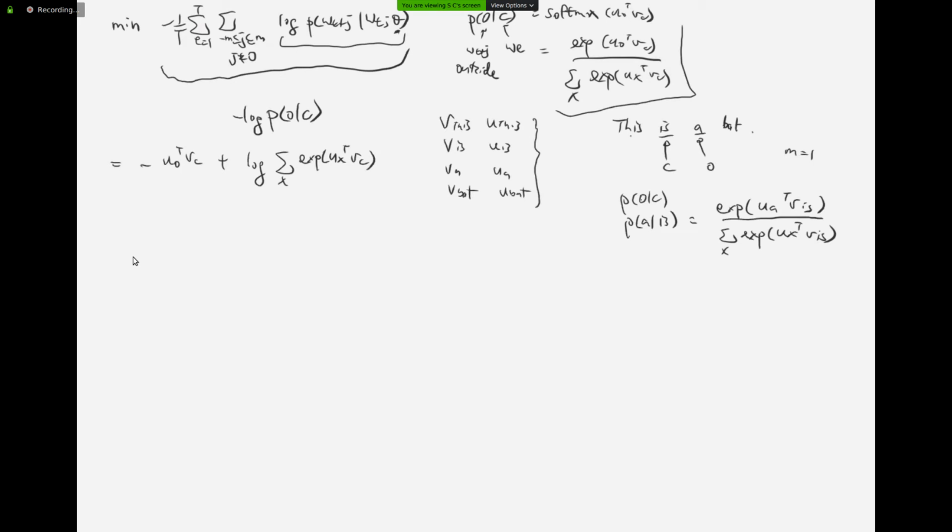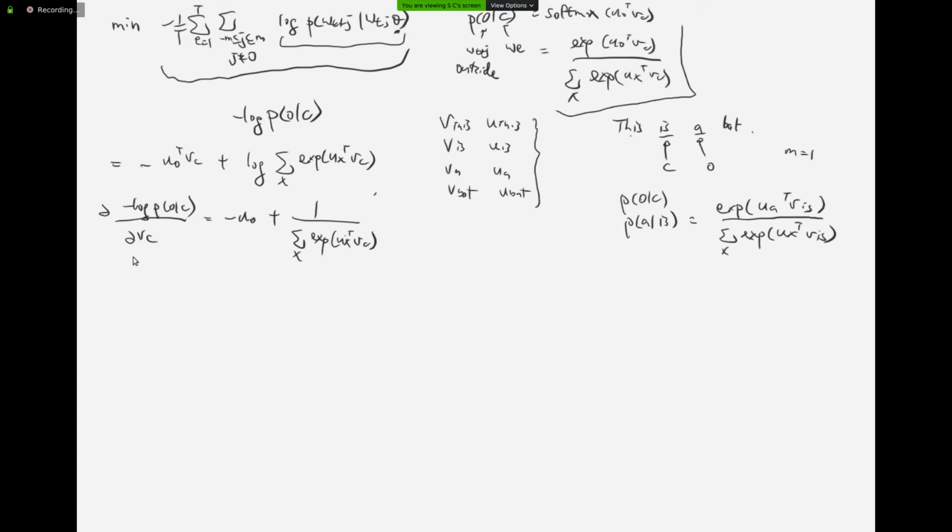Now I try to take the partial derivative of this with respect to v_C. If I take the partial derivative with respect to v_C, I should just get minus u_O here, right? And then I take the partial derivative of this guy. It would be just the chain rule, right? First, I have the log of this whole summation, therefore I should have first 1 over this summation here. Then I take the derivative with respect to v_C for this thing here.